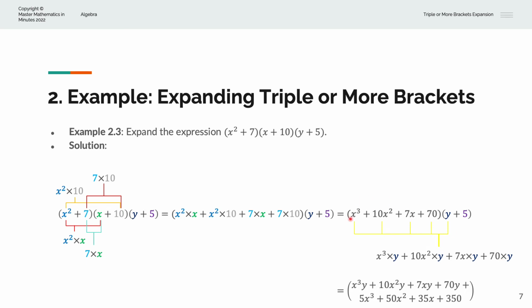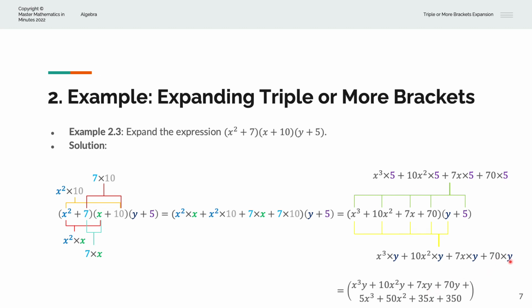And we'll multiply each of these terms again by 5. And that gives us x cubed multiplied by 5, 10x squared multiplied by 5, 7x multiplied by 5, and 70 multiplied by 5. And we'll simplify. X cubed multiplied by y is x cubed y. 10x squared multiplied by y is 10x squared y. 7xy is 7xy.